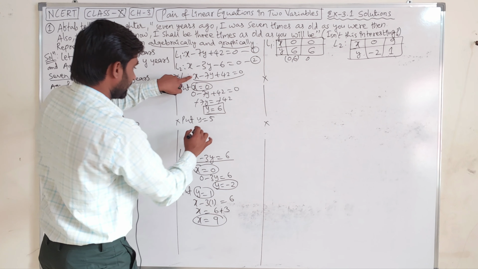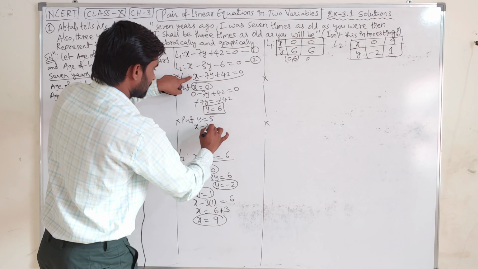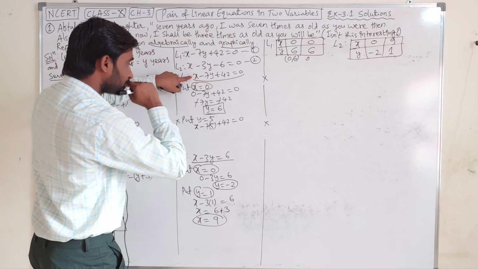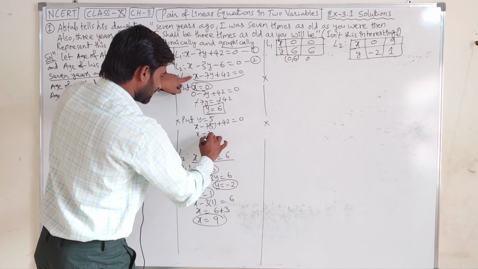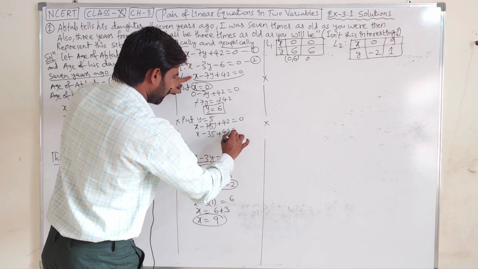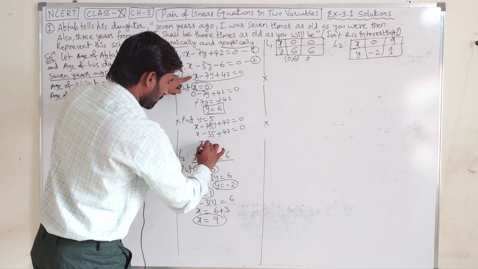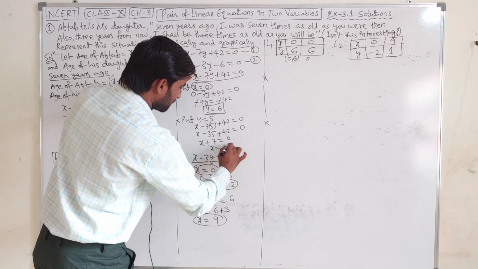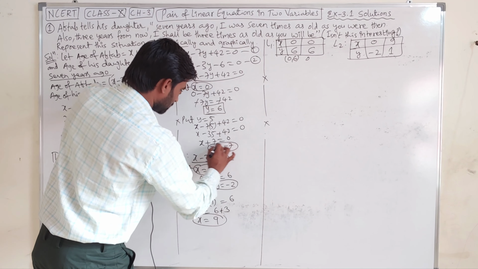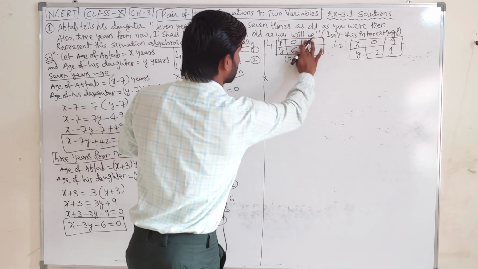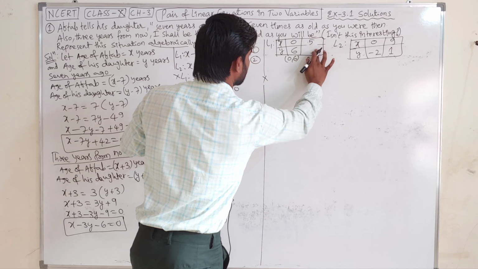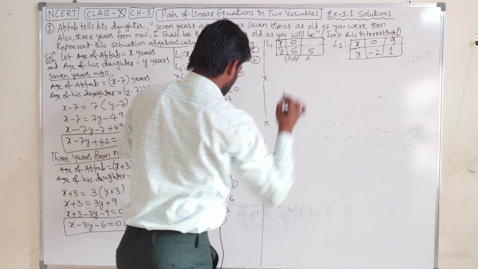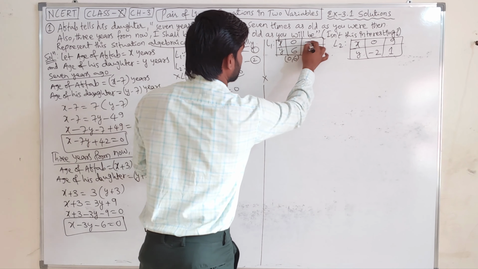So we will get x minus 7 times 5 plus 42 will be equal to 0. So x minus 35 plus 42 will be equal to 0. So x plus 7 will be equal to 0. Then x will be minus 7. When y is 5, x is minus 7.